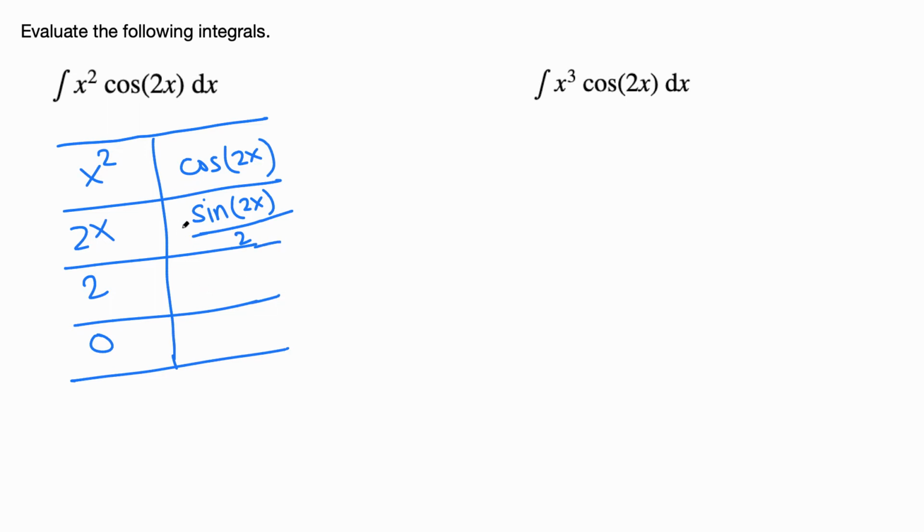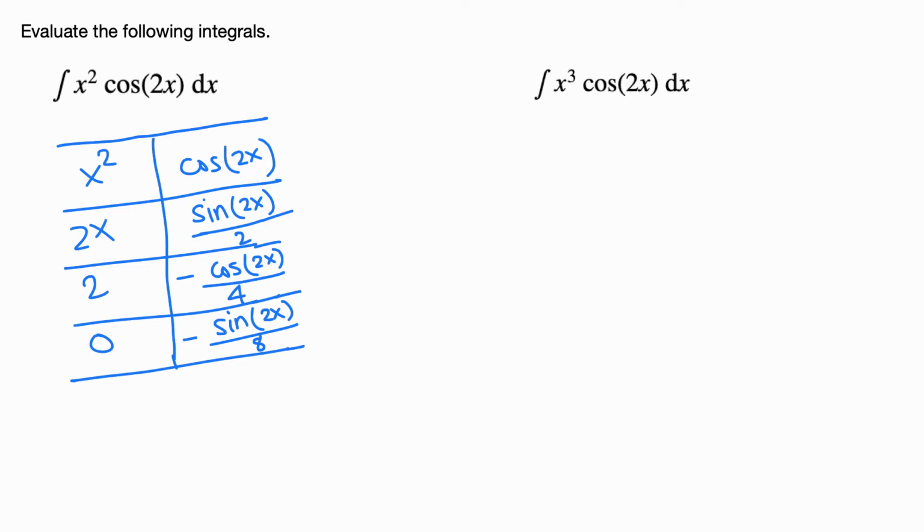The antiderivative of sine is negative cosine, so negative cosine 2x over 2, and there is a 2 already there, so it's 4. Integrate again. Here the negative stays because the antiderivative of cosine is sine 2x over 2 times 4, 8.